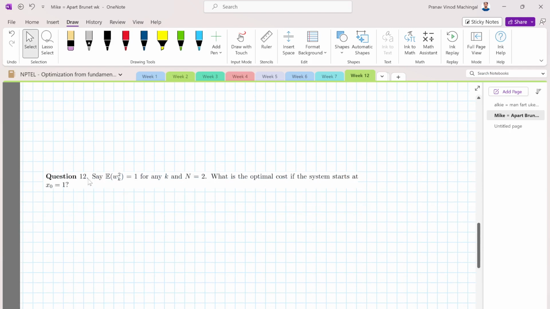Okay, so let's look at the last question where they're saying the variance is equal to 1 for any k and n is equal to 2. What is the optimal cost if the system starts at x0 equal to 1?